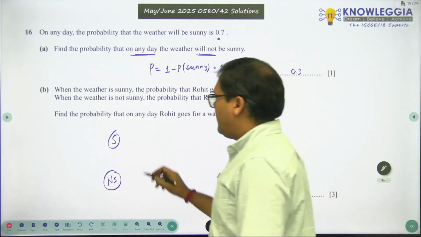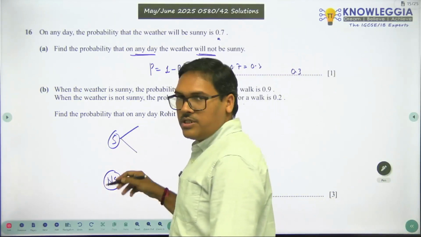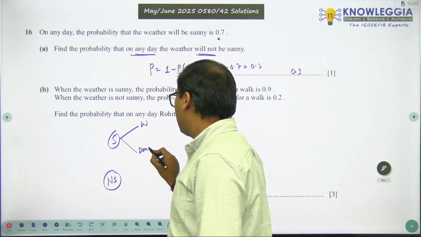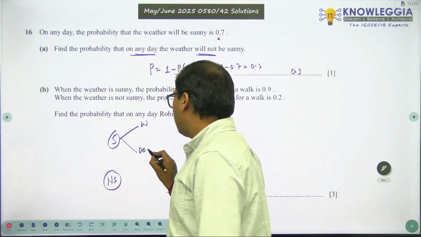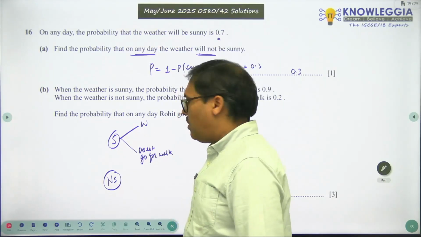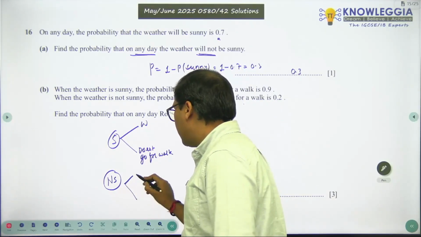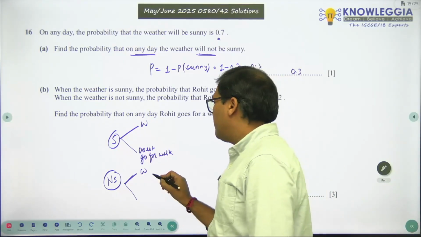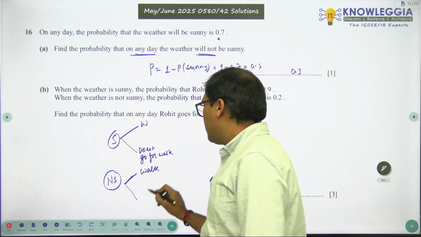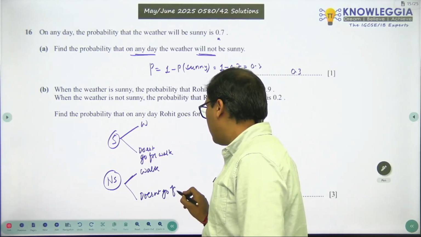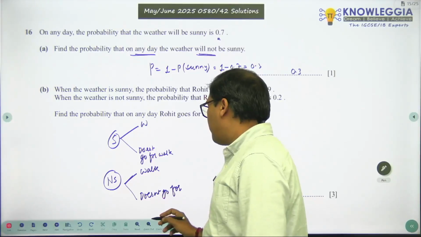Now, if the weather is sunny, Rohit may go for a walk or does not go for a walk. Or even if the weather is not sunny, there is a probability of going for a walk and of not going for a walk. I'm just trying to draw the tree diagram.